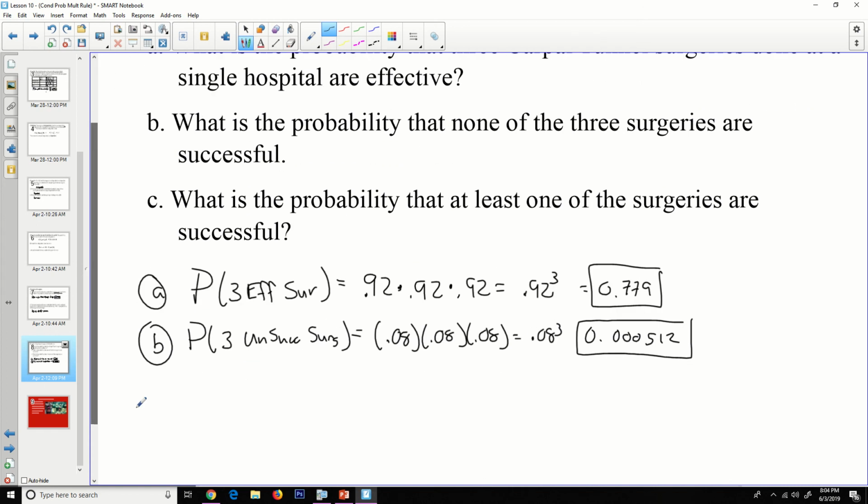And then C, what is the probability of at least 1? Well, if it's not 3 unsuccessful, that is all of the remaining. It could be 1 successful, 2 successful, or all 3 successful.